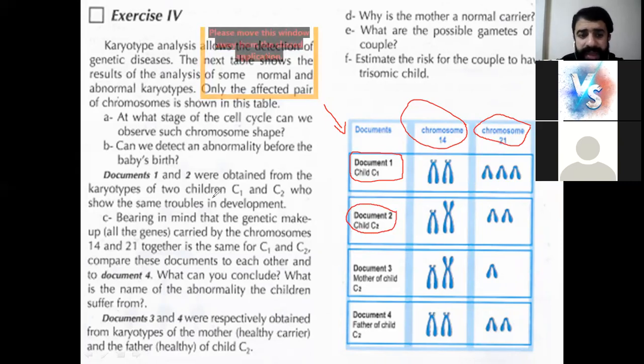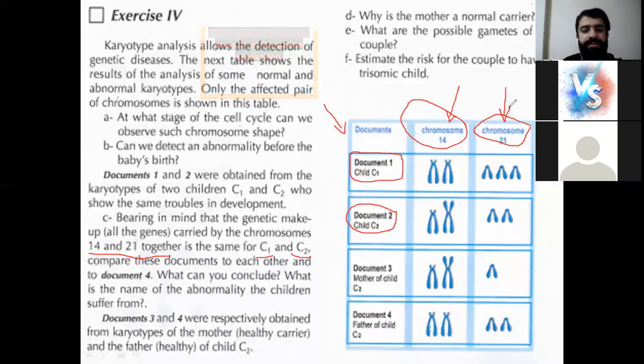Part C, they said, bearing in mind that the genetic makeup, or the genes carried by chromosomes 14 and 21 together, is the same for C1 and C2, meaning that the karyotypes of the children C1 and C2 regarding chromosome 14 and chromosome 21 carry the same genetic information.